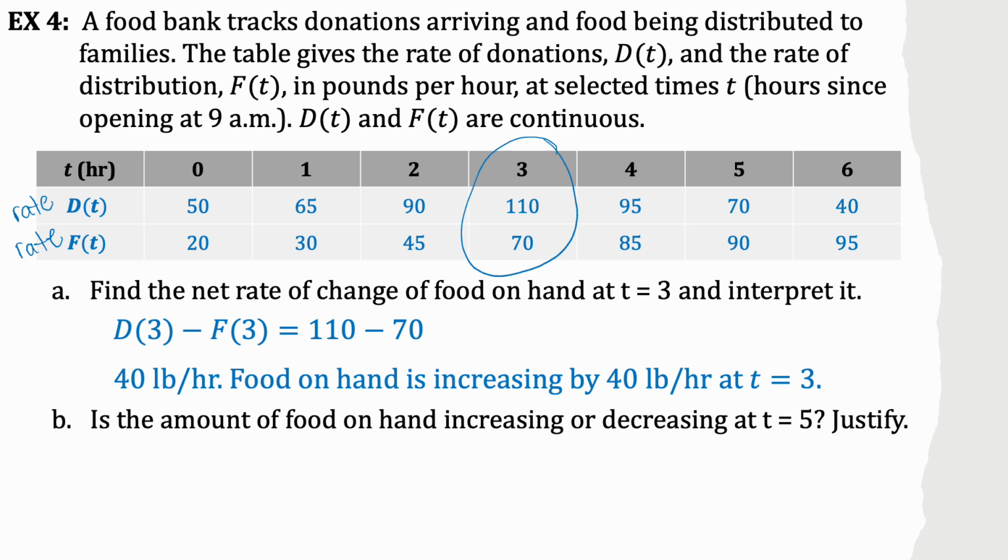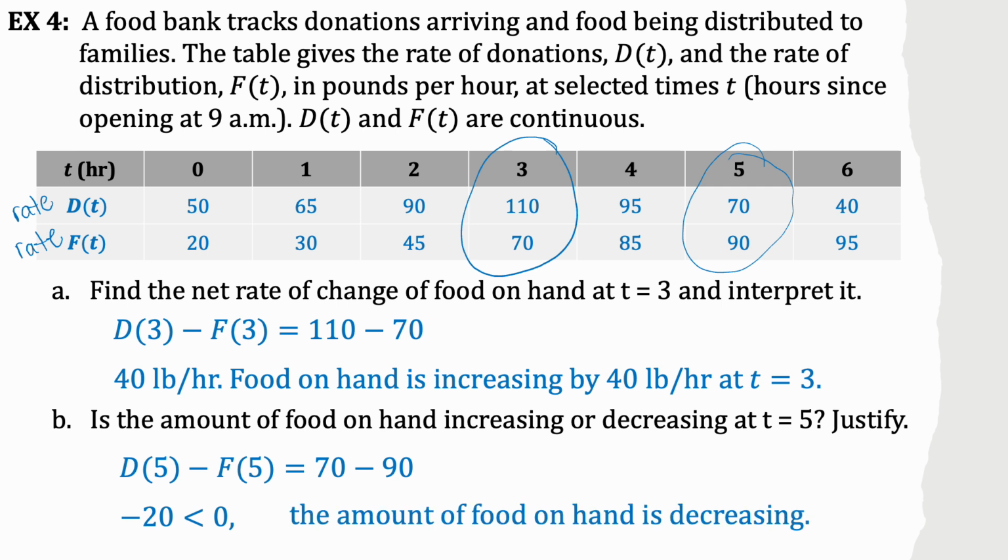The food on hand is increasing by about 40 pounds per hour at time T equals 3. Is the amount of food on hand increasing or decreasing at time T equals 5? So D of 5 minus F of 5. Negative 20. Negative 20 is less than 0, so the amount of food on hand is decreasing.